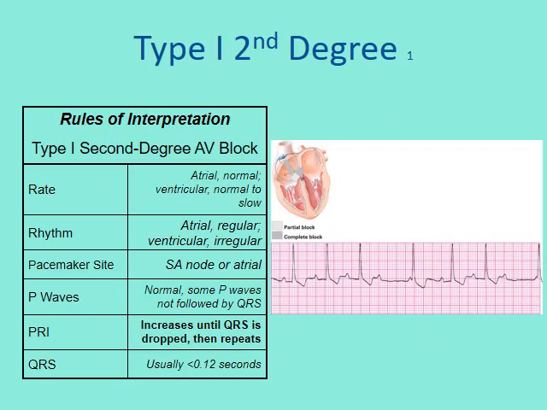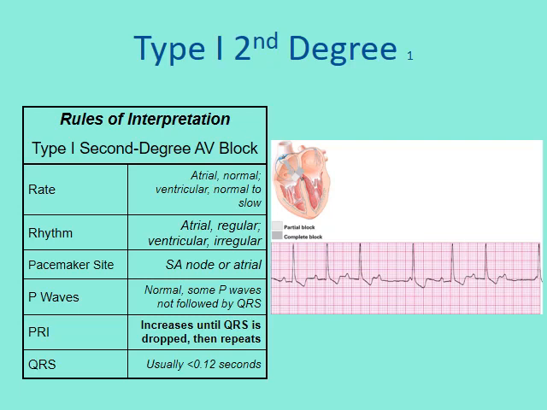All right, type 1, second degree, a Wenckebach. Second degree type 1 is otherwise known as a Wenckebach. So the atrial rate is normal. The ventricle rate, depending on how many times it skips a beat, could be normal to slow.